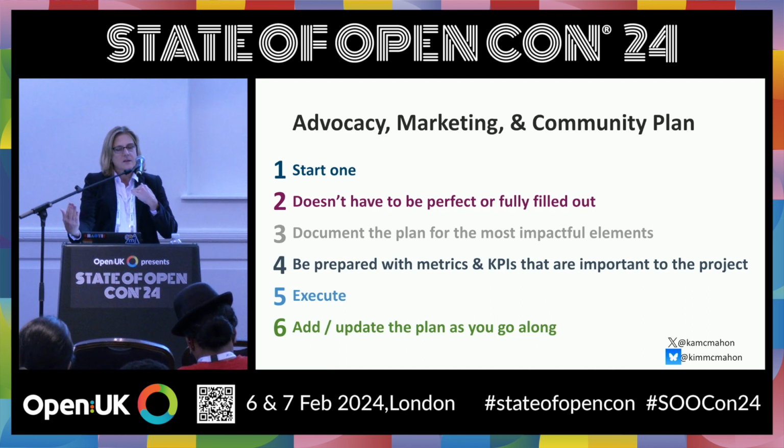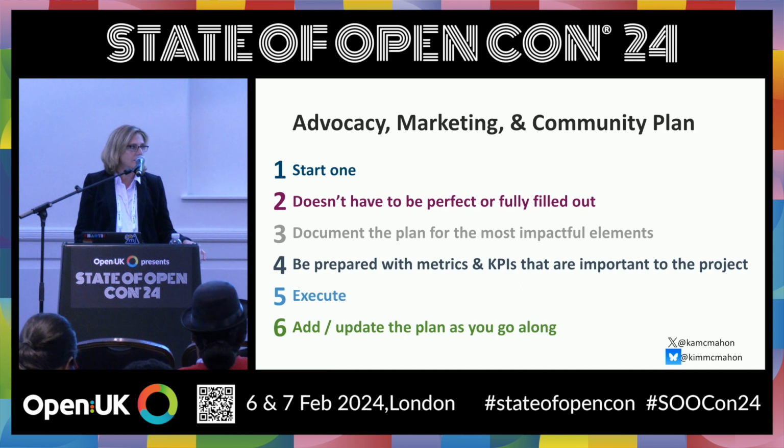Because then if you're tracking them, and you're not succeeding, you can go back and look at why you're not. Is it because you went to the wrong events? Is it because maybe you didn't know your right user, for example? So think about something that's going to be a measure that's going to give you insight into if your efforts were effective. Execute on it, and then just continue updating the plan. And after you do a couple of these advocacy and community things, you're going to end up with a whole full plan.